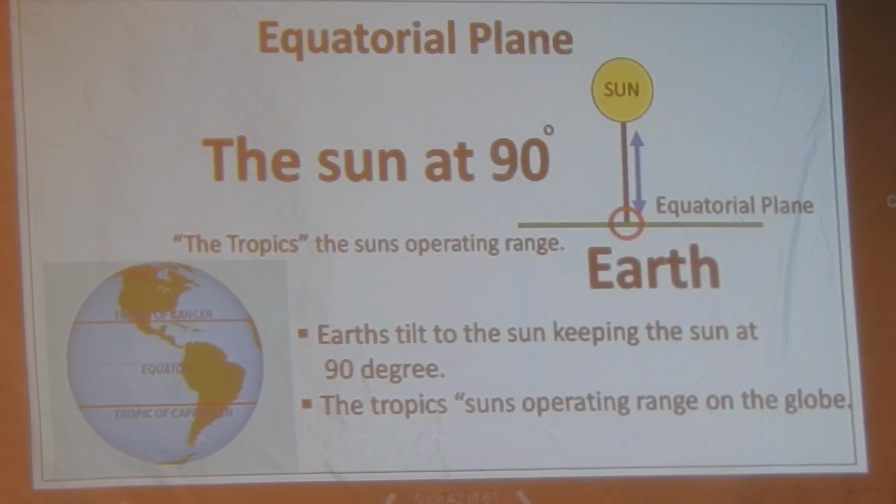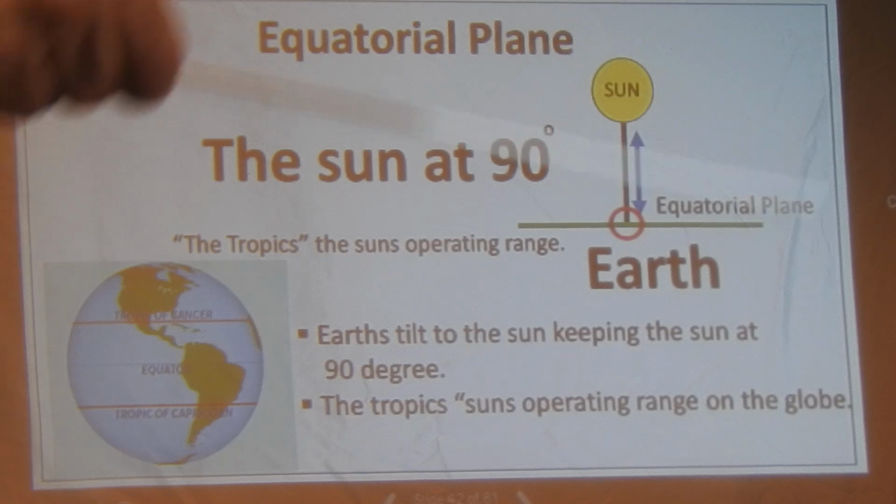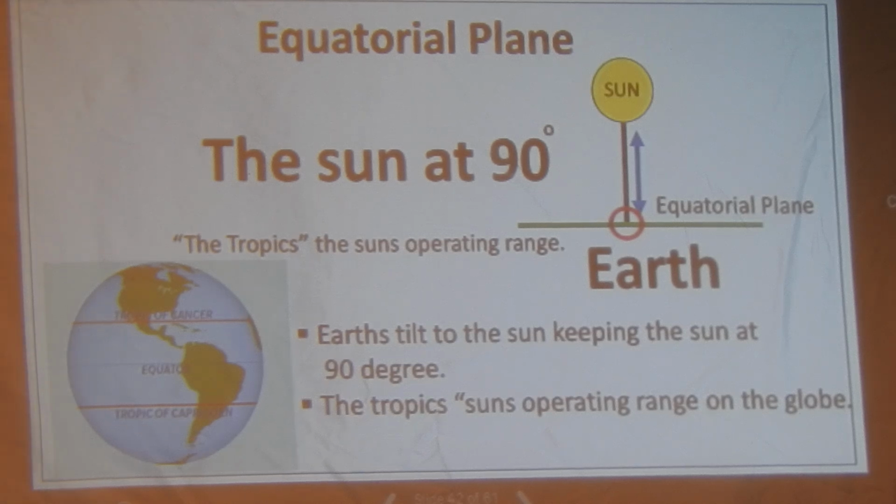Again, what I talked about, those lines on the globe model: as the globe spins, it creates those lines as the sun is in alignment with the globe. Whether it's in what they call the ecliptic, the sun is tilted, so you have to look at the Earth to sun relationship.